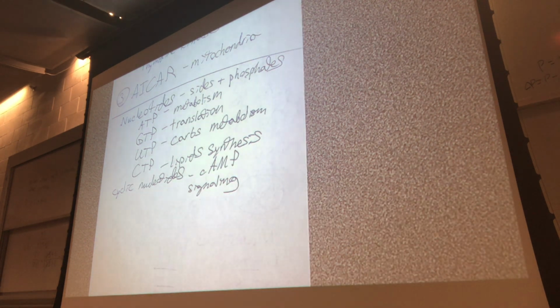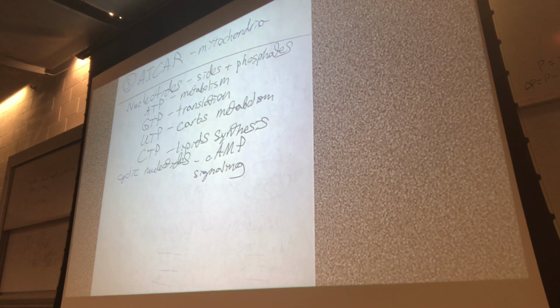Back in exam 2, you don't need it for this exam, but you might remember that cyclic AMP is involved in the protein kinase pathway. For this exam, the only other place we've seen cyclic AMP is it has some relationship with something in prokaryotes, right? With the lac operon, right? We'll get to that later. But cyclic nucleotides are involved in signaling.